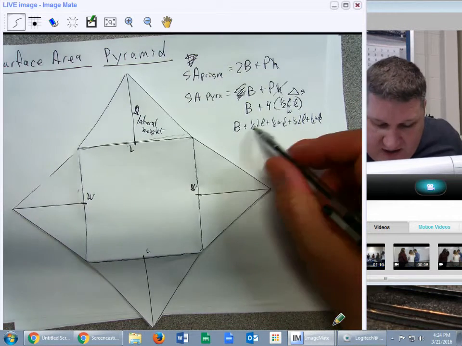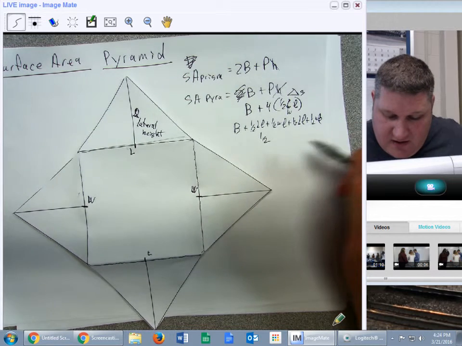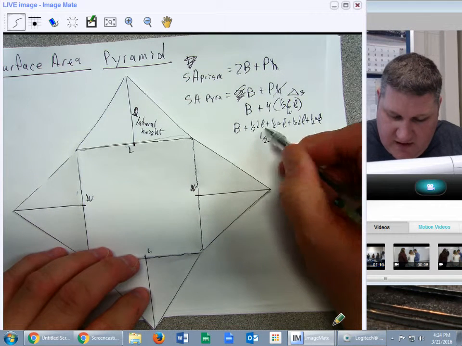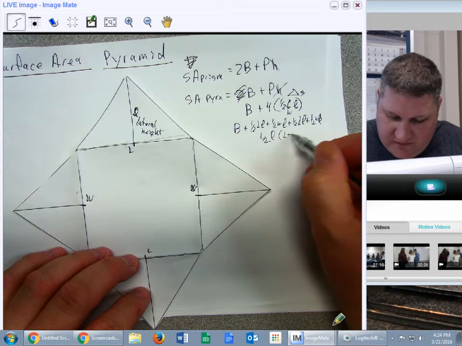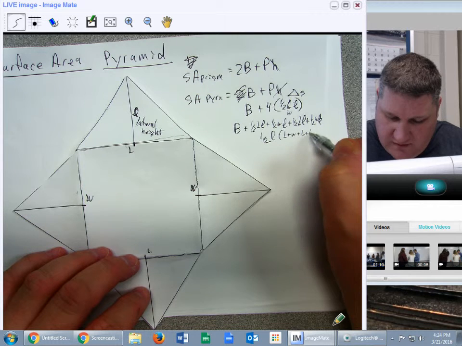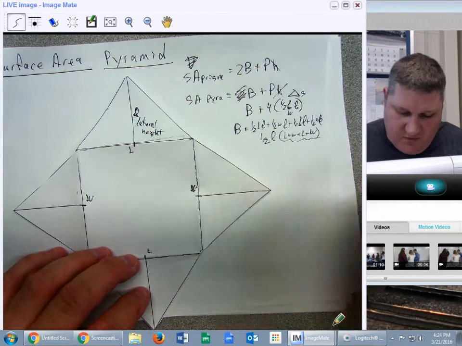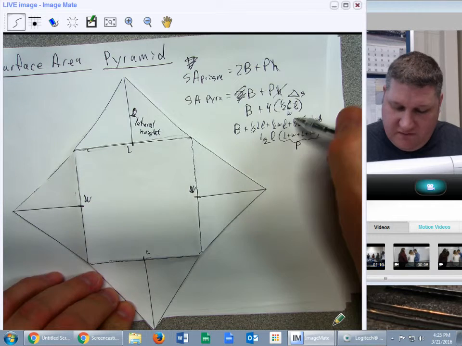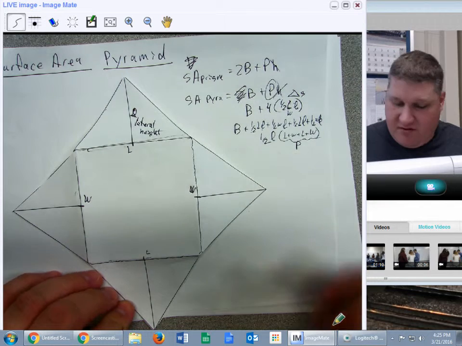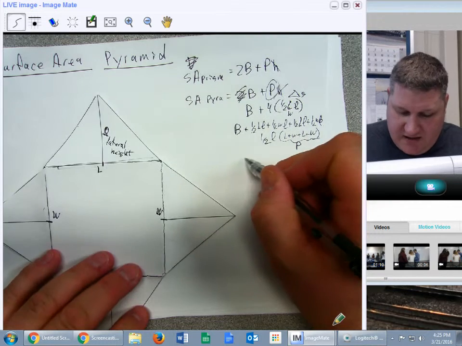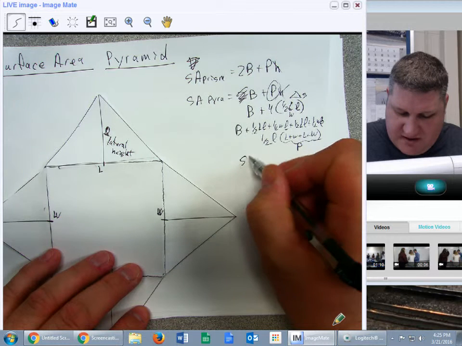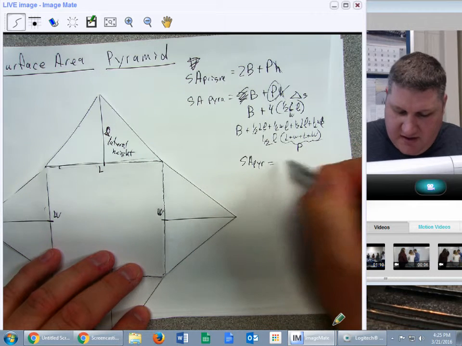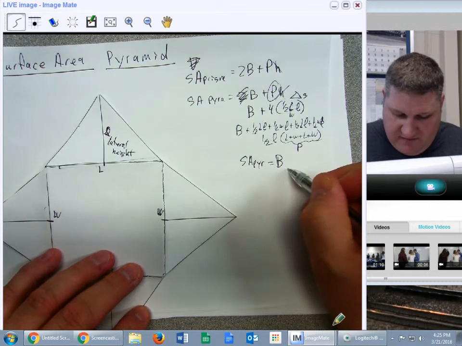Okay, but I can take all the halves out. I can take all the little L's out, and then I'd be left with length plus width plus length plus width. And wait a minute, we've run into this before. Length plus width plus length plus width is nothing but perimeter. So I get to keep my perimeter. So in the end, my formula for surface area of a pyramid is one base, whatever that base happens to be.